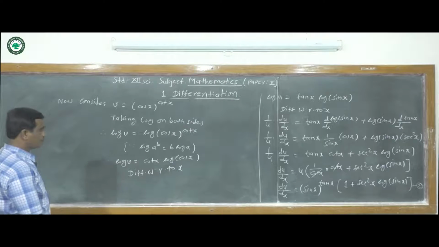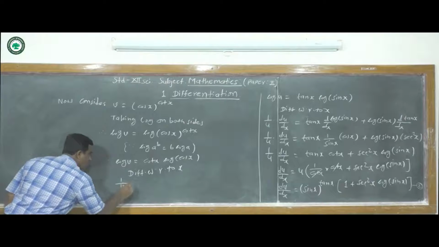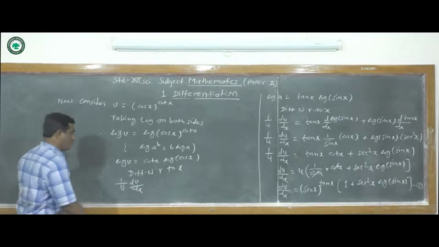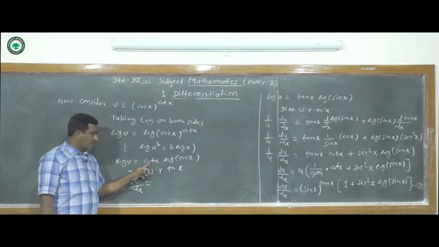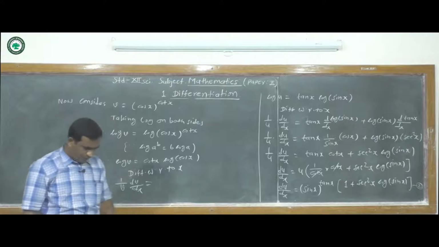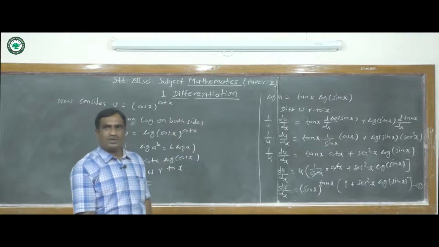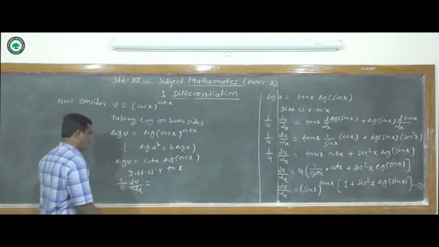Therefore, the derivative of log v is 1 upon v into dv by dx equals, here we use the product rule, that is if y equals u into v, then dy by dx is equal to u into dv by dx plus v into du by dx.